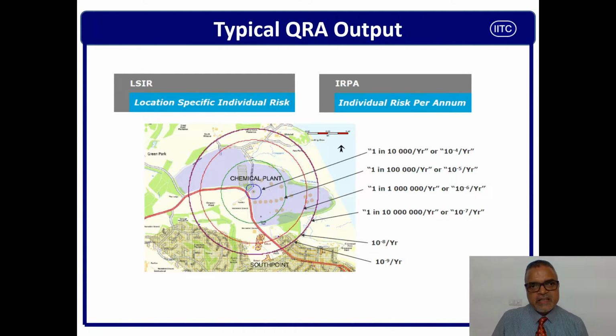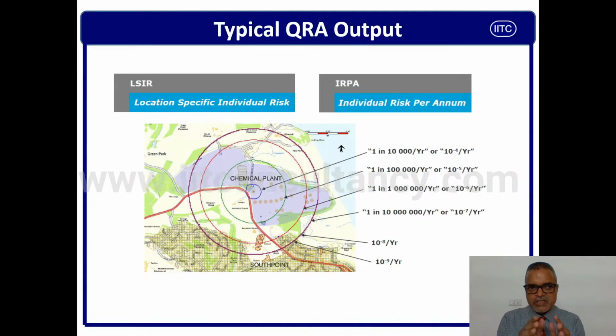Now we will see LSIR, which is location specific individual risk. LSIR is defined in bigger terms: if one person is going to stand on a specific location for 24 hours into 365 days, that risk is the location specific risk.